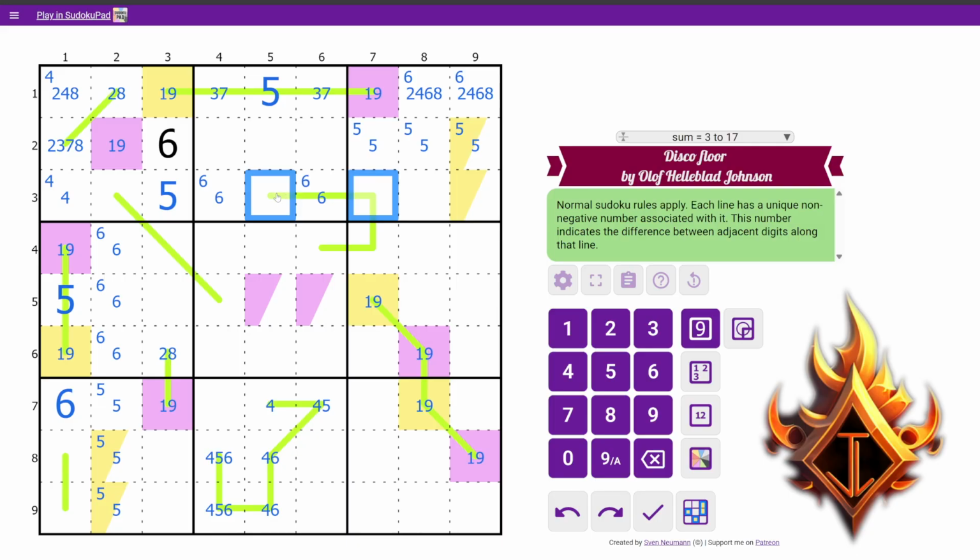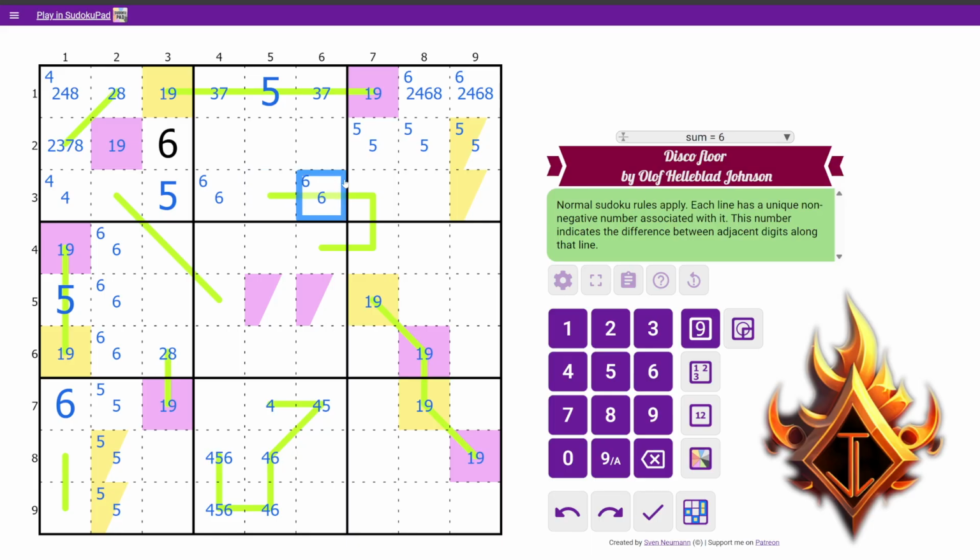So if pink was here, it would have to be 9, 6, 3. But if this is 6, then pink has to go here. And then it would have to be 1.